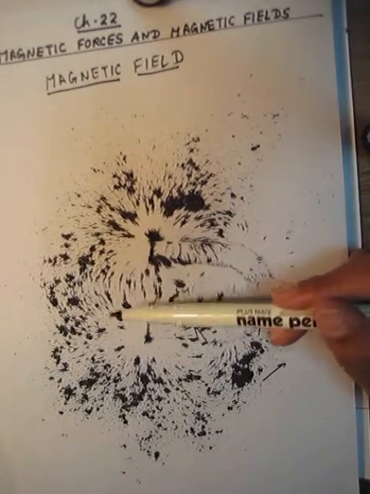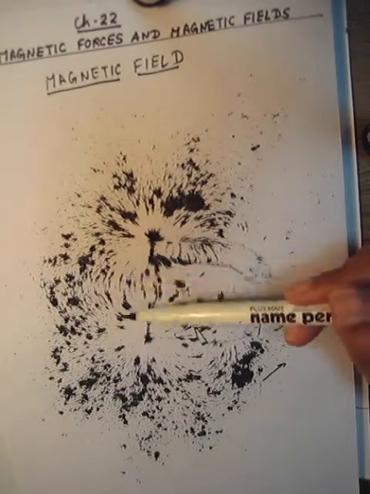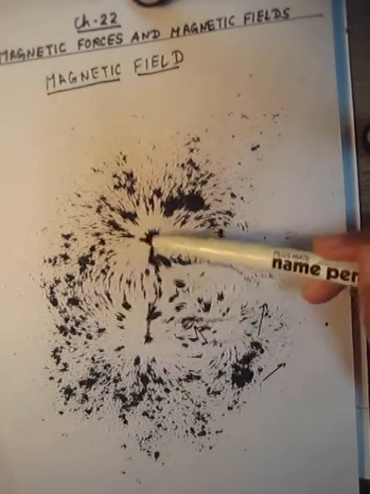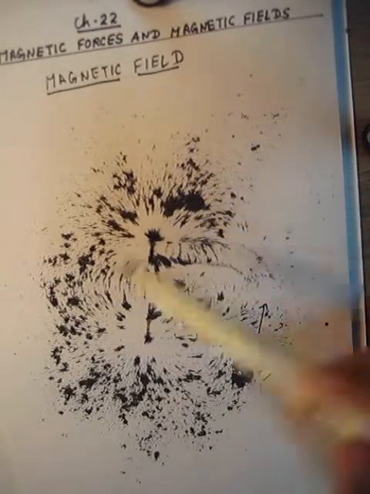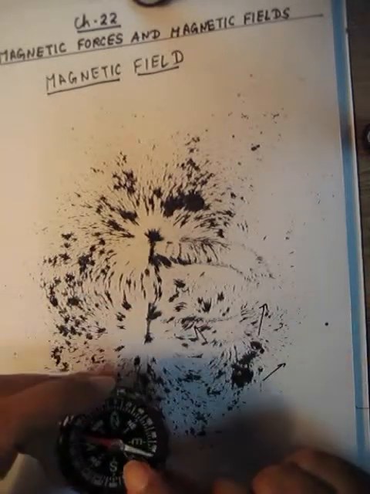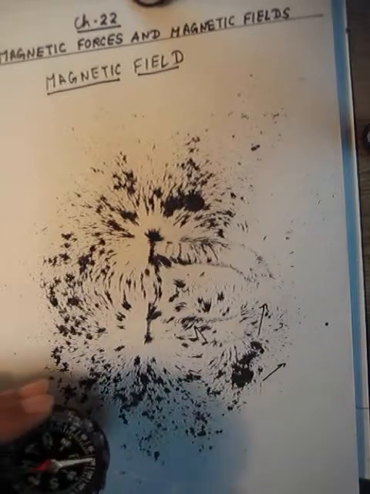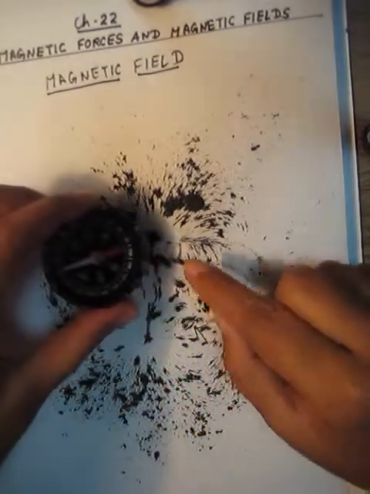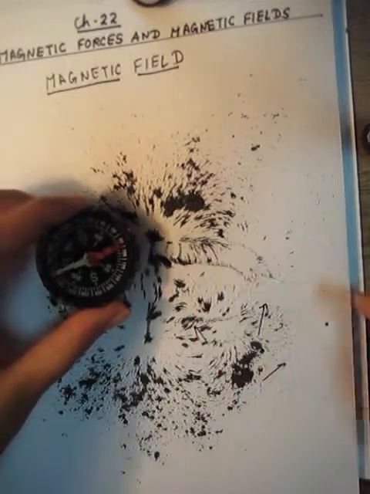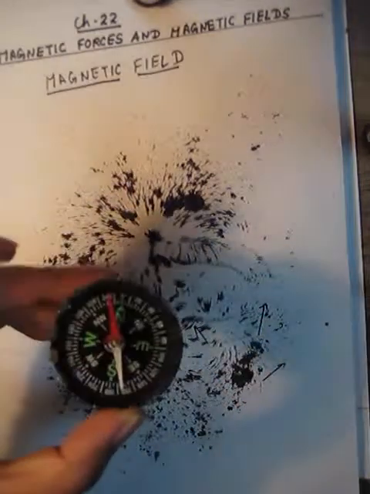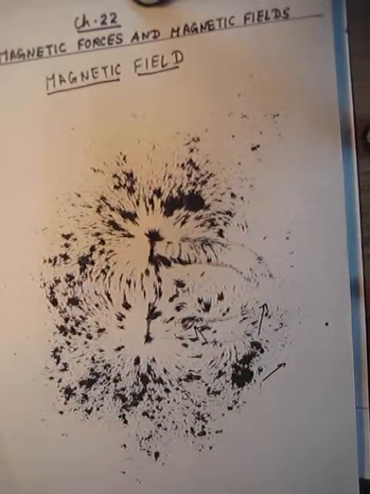But on this side of the magnet, this is how it should look: the magnetic field lines go from north to south, going outward from here. You can find out which is north and which is south. The white one is for the south, so this is the north pole, and this is the south pole. So you can check the poles by using a compass needle.